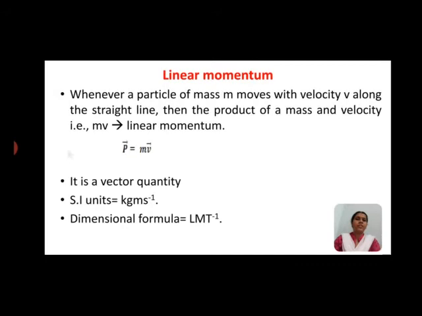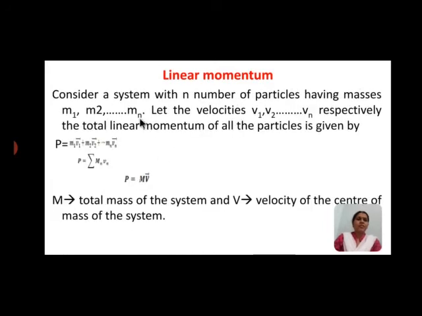Previously we wrote p is equal to m into v. We did not denote it as m1, m2, m3, v1, v2, v3. Now we want to write it for n number of particles. So I represent it as p is equal to m1 v1 plus m2 v2 plus m3 v3 up to mn into vn.